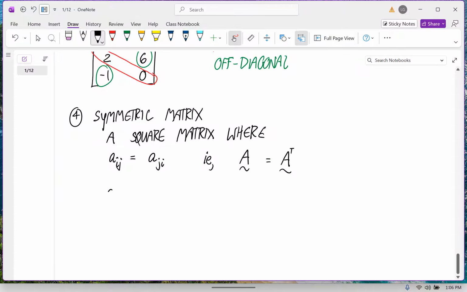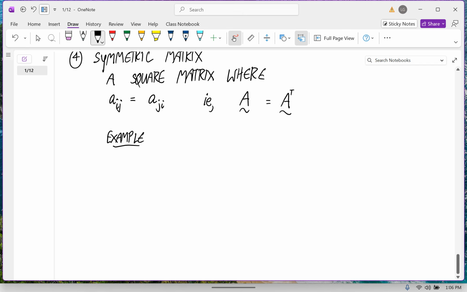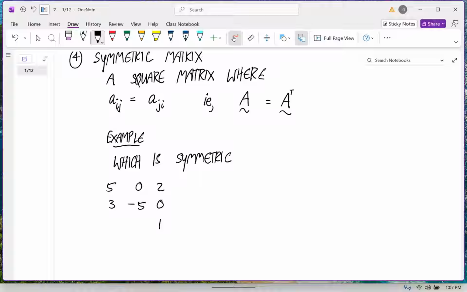So which of these is symmetric? Let's say we got 5, -5, 1, and then 0, 2, 3, 0, 0, 2.